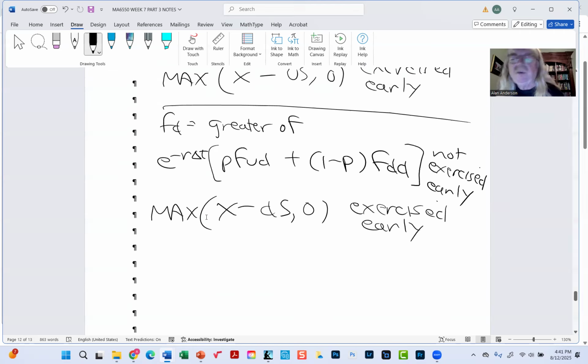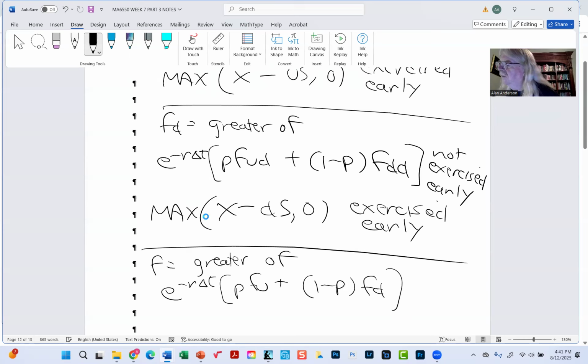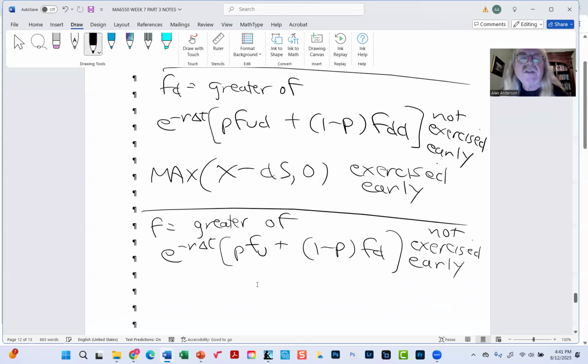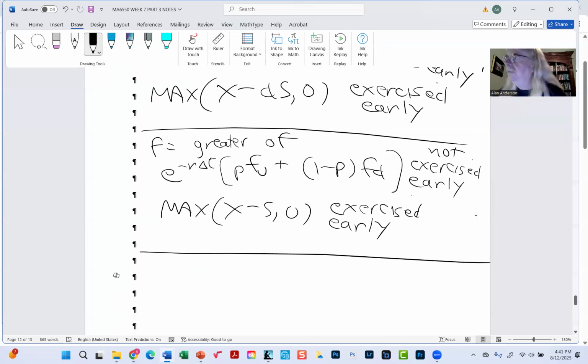And then finally F, the current price. And of course, if it's exercised early, all right, there's that.